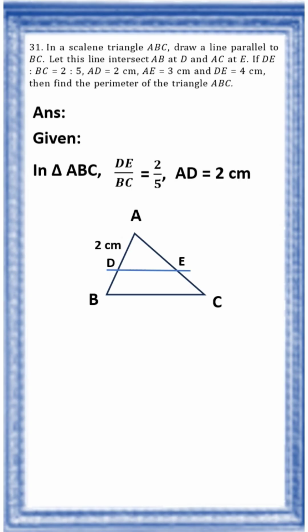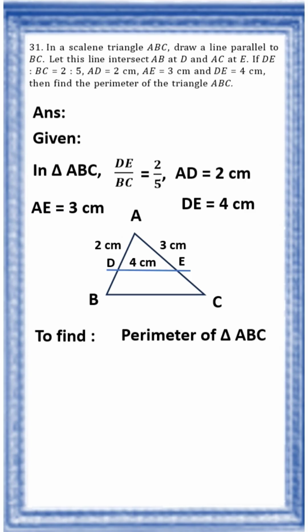AD 2 centimeter, AE 3 centimeter and DE 4 centimeter. Means they have given all the sides of the newly formed triangle ADE. To find perimeter of triangle ABC, perimeter of triangle ADE we can readily find out by adding all the sides, isn't it?